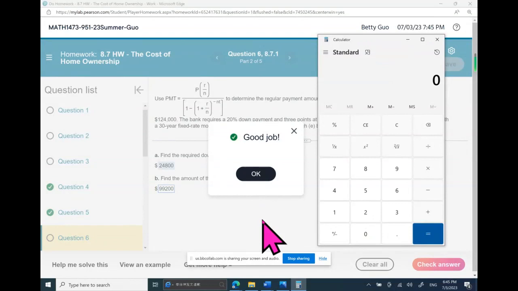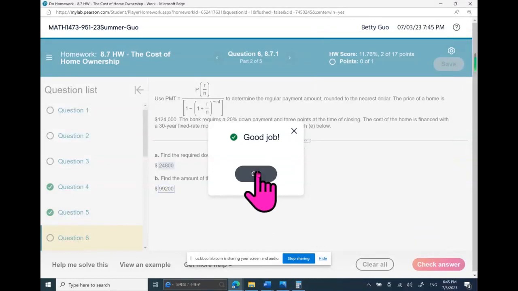So another way to find the mortgage amount is to use the home price of 124,000 multiplied by 80%, or 0.8. Because you pay a 20% down payment, you borrow 80%, and you get the same amount. The first method is obviously easier for most students.